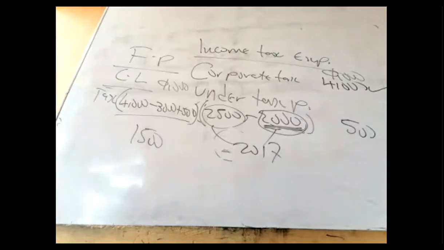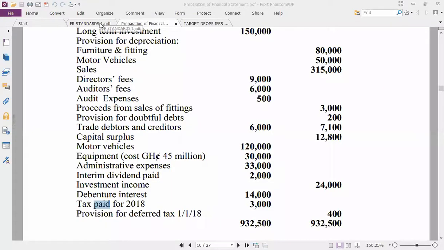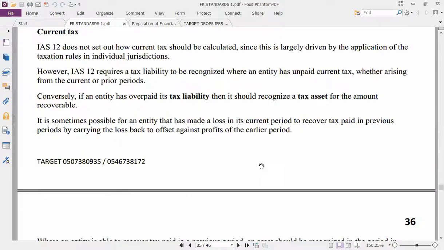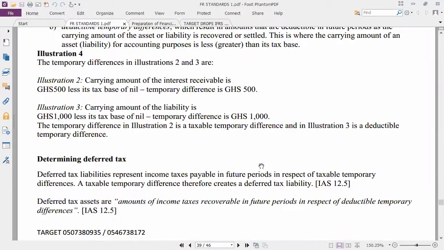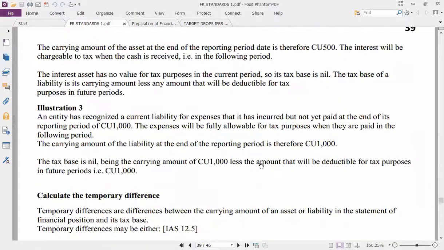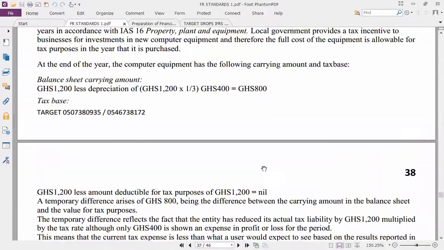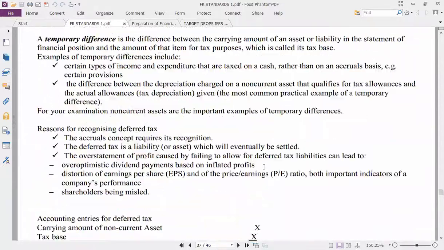That is the standard one. If you have the standard one in there, let's see the standard one. There's a particular example before we study the deferred tax.